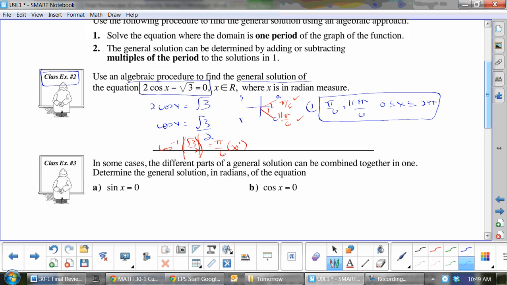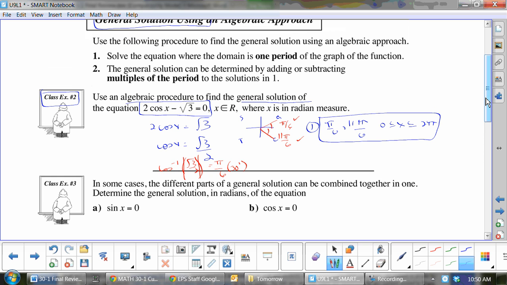So this is called step 1. And if you look up here at step 1, it says solve the equation where the domain is 1 period. Okay? So what I did was I did this. That's the answer for that. The general solution wants this.